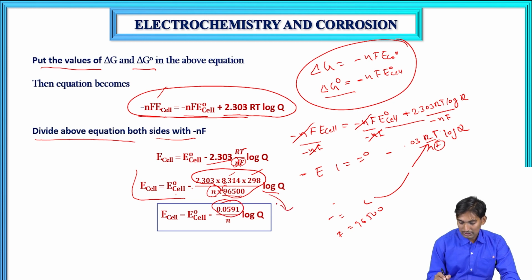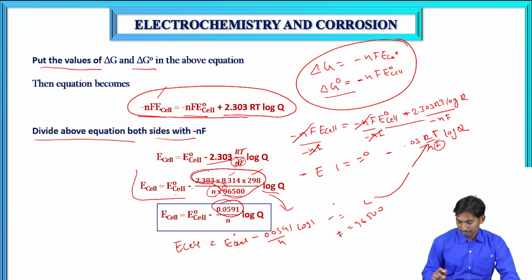So the equation becomes E cell equals E naught cell minus 0.0591 by n log Q.